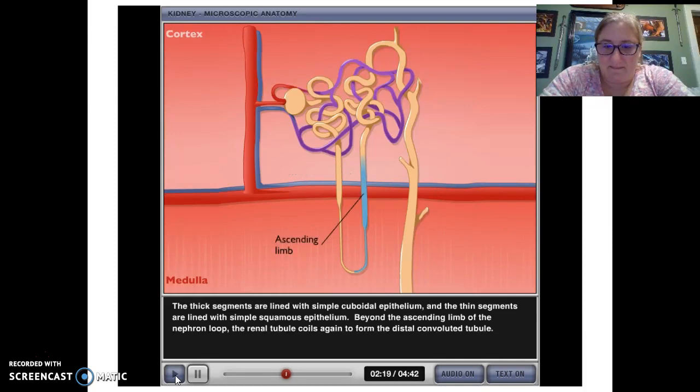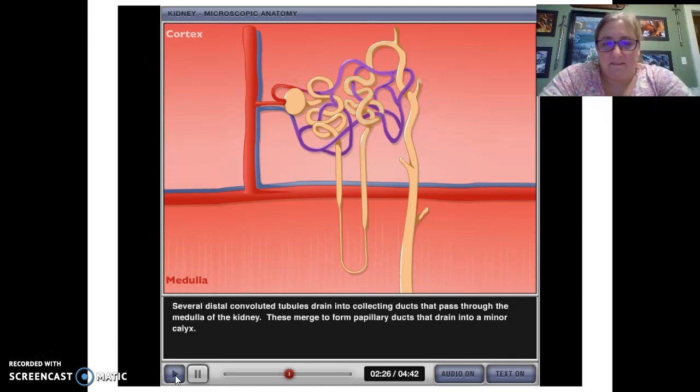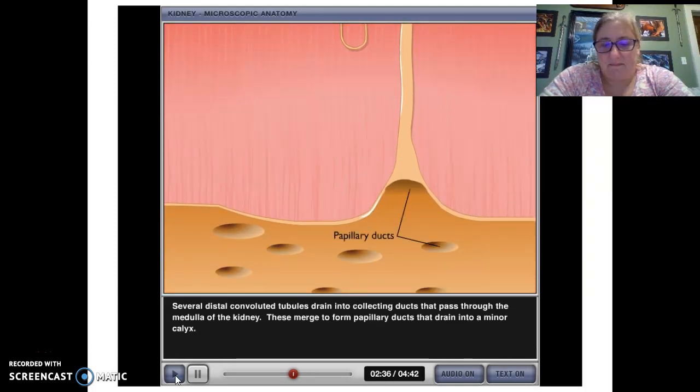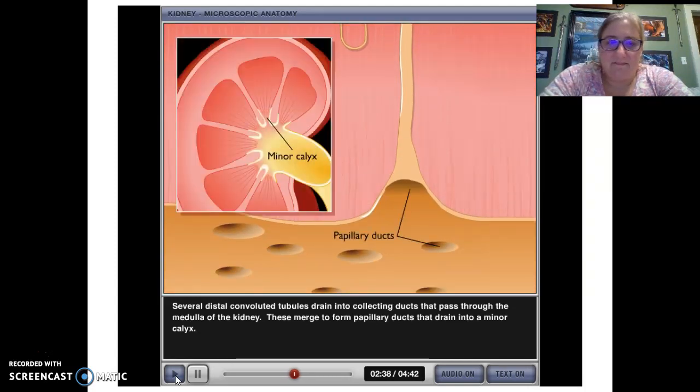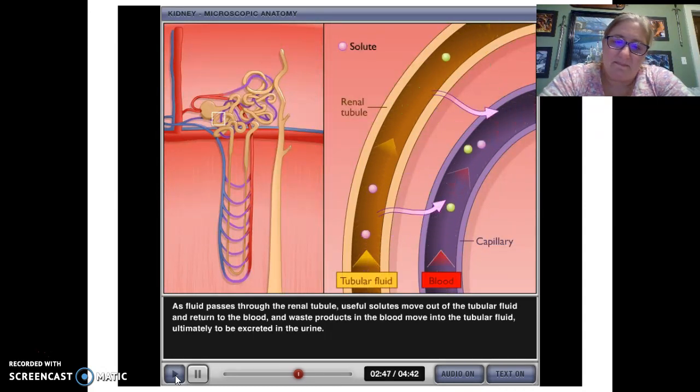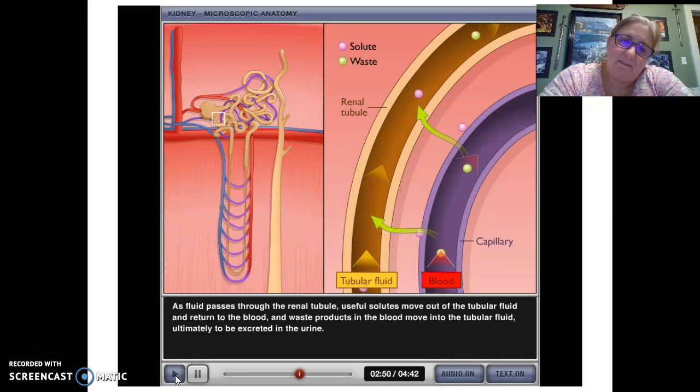Beyond the ascending limb of the nephron loop, the renal tubule coils again to form the distal convoluted tubule. Several distal convoluted tubules drain into collecting ducts that pass through the medulla of the kidney. These merge to form papillary ducts that drain into a minor calyx. As fluid passes through the renal tubule, useful products move out of the tubular fluid and return to the blood, and waste products in the blood move into the tubular fluid, ultimately to be excreted in the urine.